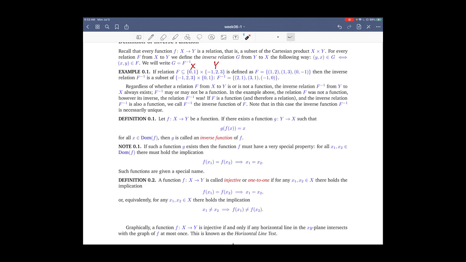If there exists a function g from y to x such that the composition of g and f leaves every element of the domain of f unchanged, we say that this function g is an inverse function of f.